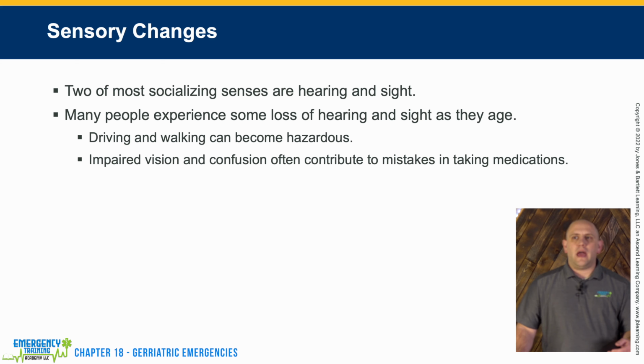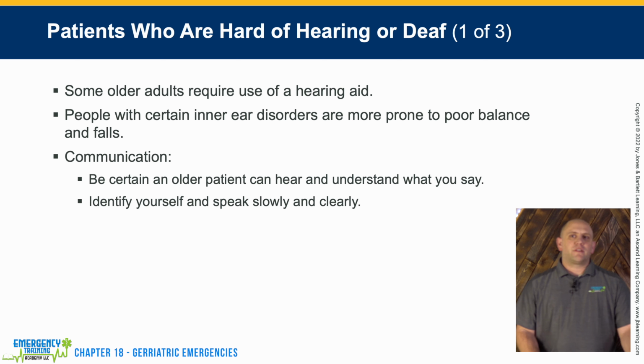We also have cataracts or macular degeneration that occur as our patients are aging. This is one of those things that affects their sight as they get older and as those disease processes continue to progress. With our patients who are hard of hearing, oftentimes they're going to require a hearing aid.